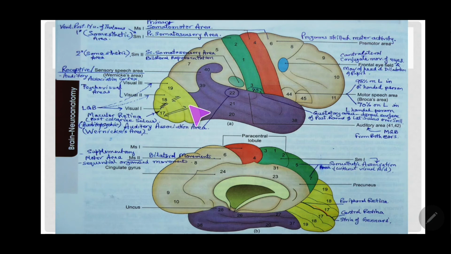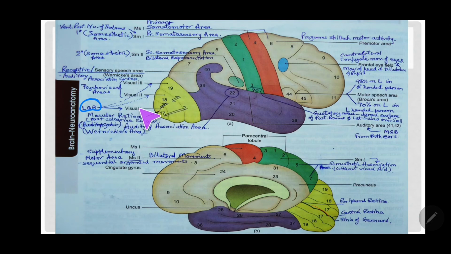Another important thing is that the fibers coming from the LGB, the lateral geniculate body, are called the geniculocalcarine tract or optic radiation. Don't forget that all the fibers of the optic radiation do not completely get submerged in area number 17.